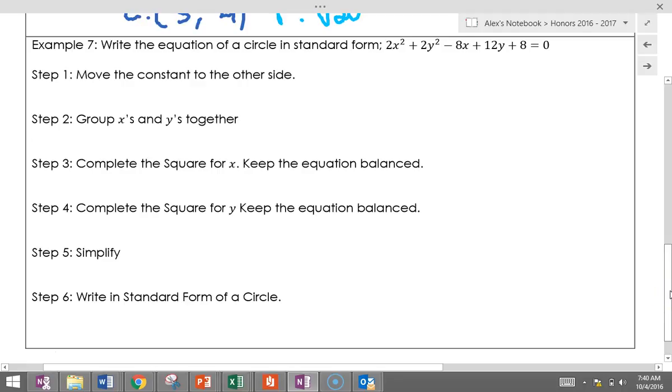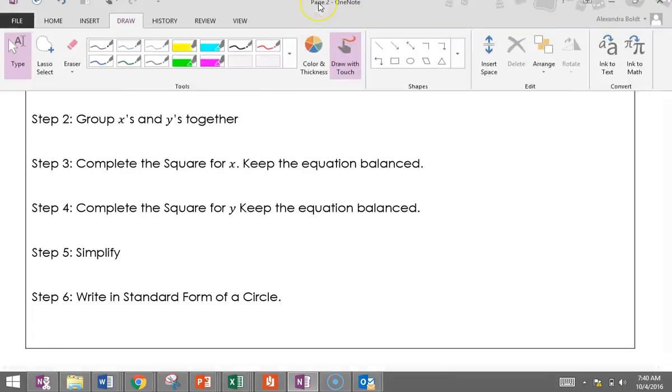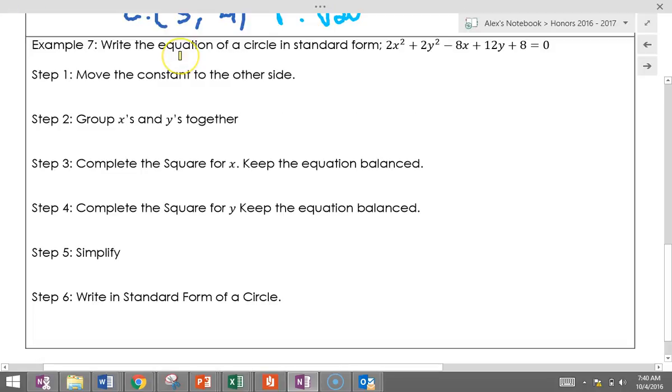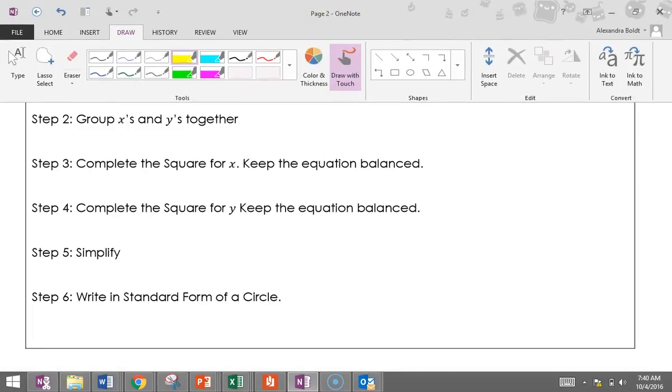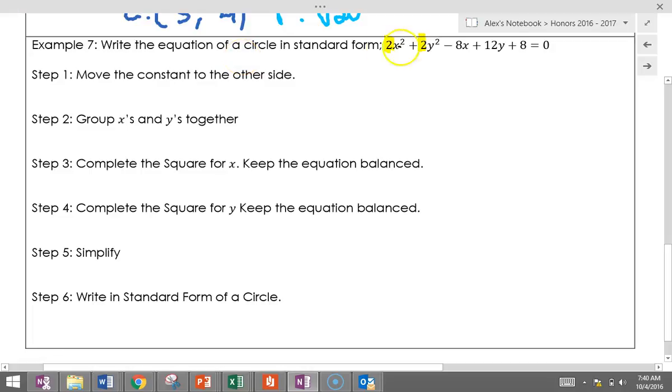Write the equation of a circle in standard form. I have 2x squared plus 2y squared minus 8x plus 12y plus 8 equals 0. Anytime you see a number in front of your x and your y, all you're going to do is divide everything by that 2.